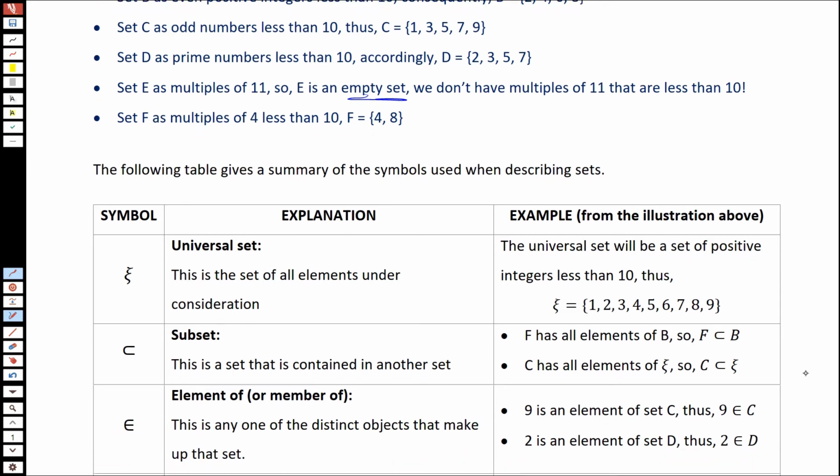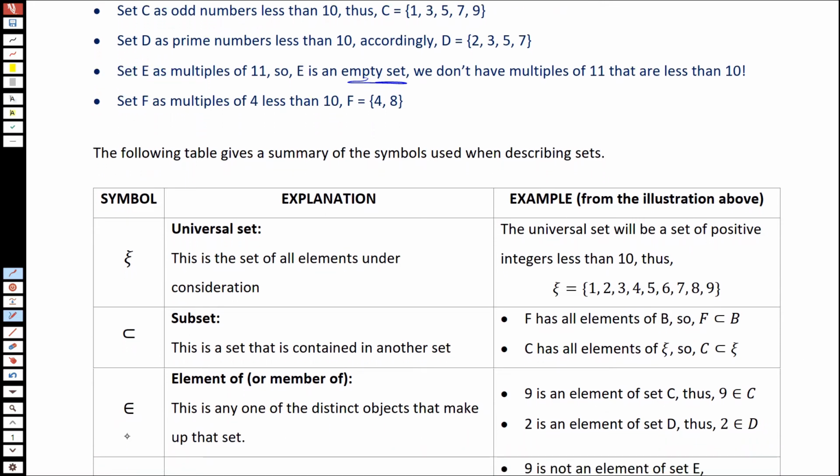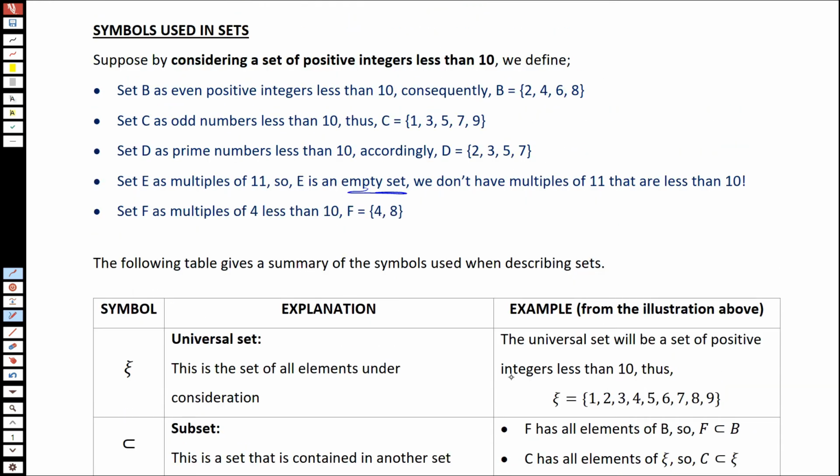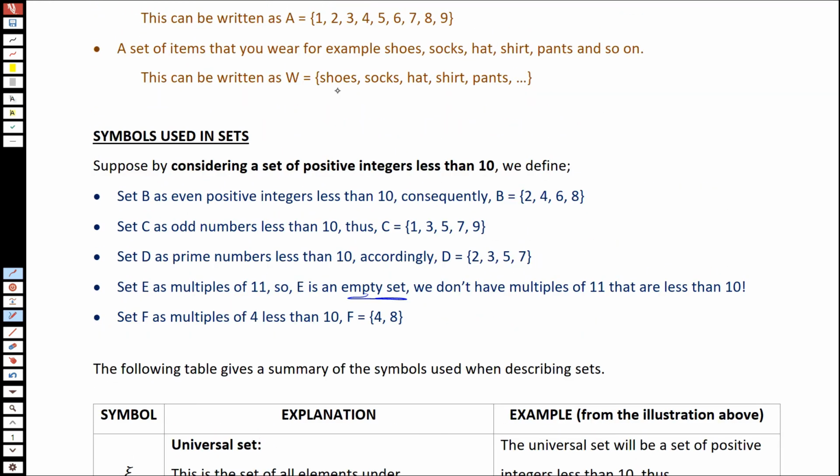Okay. Next, I'm going to move to element of. This is the symbol for element of. Element of is also called a member of. Now, this is any of the distinct objects that make up a set. For example, when you talked about what we can wear, these guys here are the elements: shoes, socks, hat.